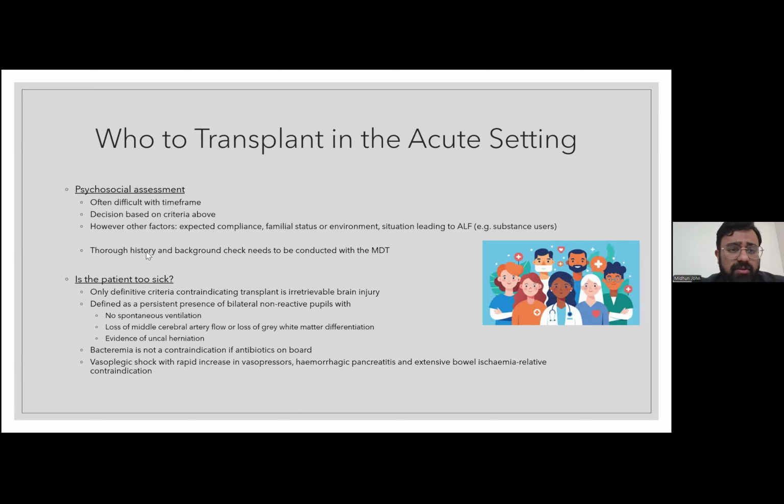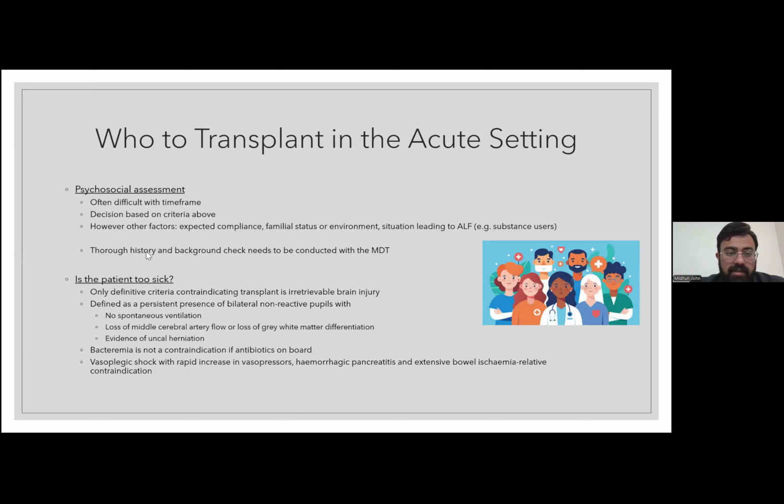The psychosocial assessment is very, very important, but like I mentioned, very difficult in the short time frame. You have to find out as much as you can about the family setting, the social setting, and the ability of the patient post transplantation to do well and not have any issues. But there are certain factors, unfortunately, that may be considered as a contraindication, I guess, to getting transplantation.